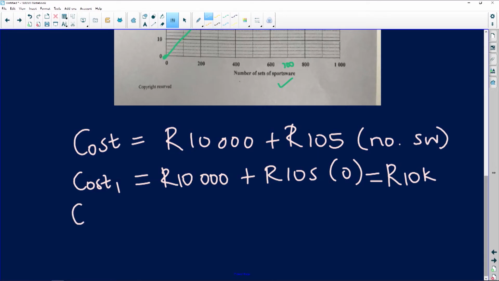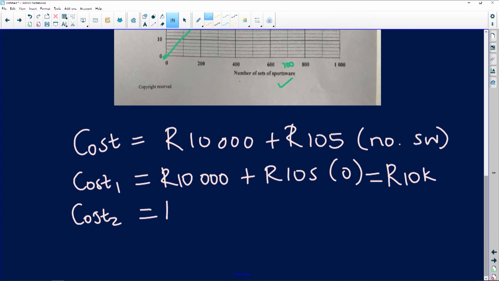Don't be too shocked and think that everything needs to start at zero. Sometimes I find learners forcing that zero there, but it's not supposed to start at zero. Normally when you are running a business, your costs will not start at zero. So this one is okay. It starts there. Let's go to the second cost.